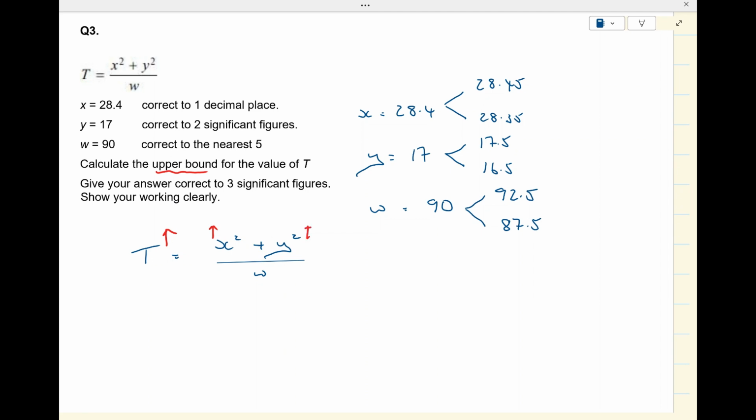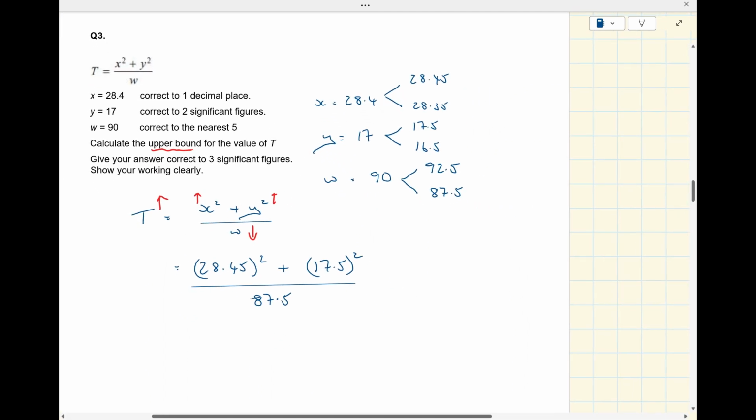And if I want the value of t to be as large as possible, I want to divide by the smallest possible number. Okay, so I'm going to have the highest possible x to square it. So 28.45 squared plus the highest possible y, 17.5 squared, divided by the lowest possible w, 87.5.